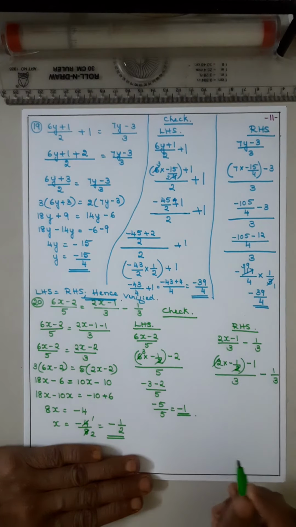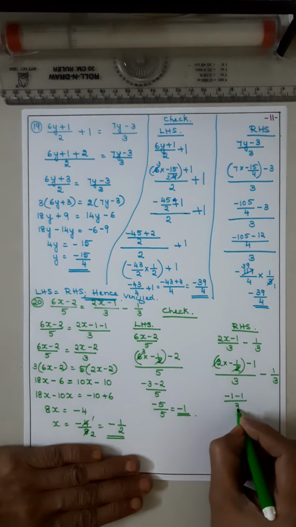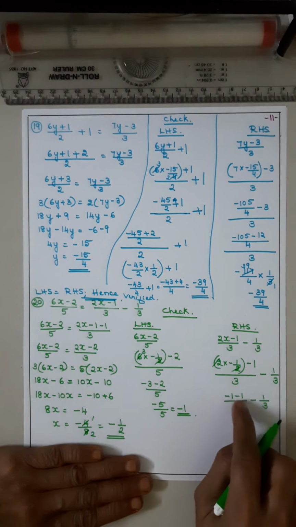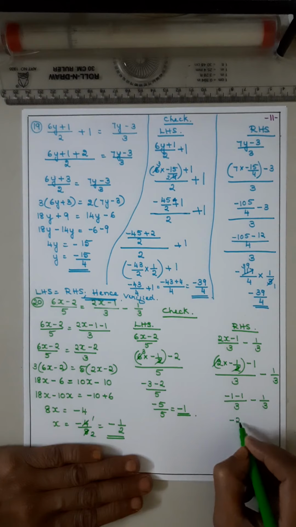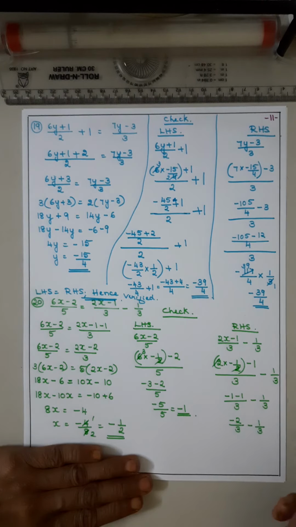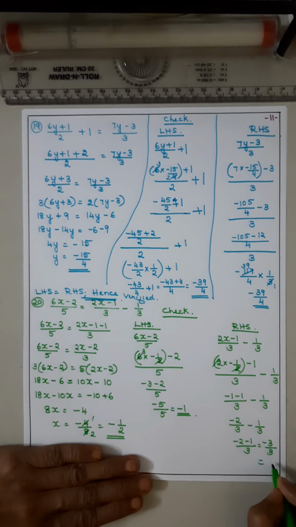Now 2 gets cancelled, so it will be minus 1 by 3 minus 1 by 3. So here it became minus 1 minus 2 by 3 minus 1 by 3. That means minus 2 minus 1 by 3. Minus 2 minus 1 will be how much? Minus 3 by 3. So 3 gets cancelled. It became minus 1.